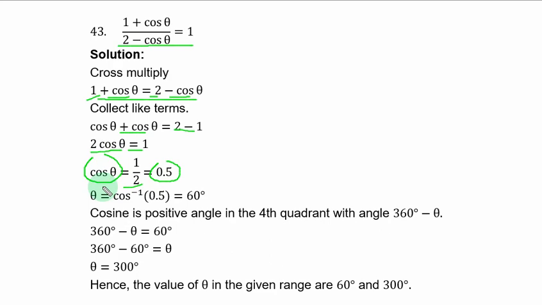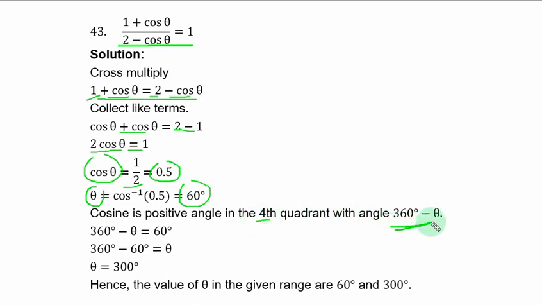You check the inverse of cosine of 0.5 in order to get theta, and you have 60 degrees. You check the other quadrant where cosine is positive, and that is the fourth quadrant with angle this.